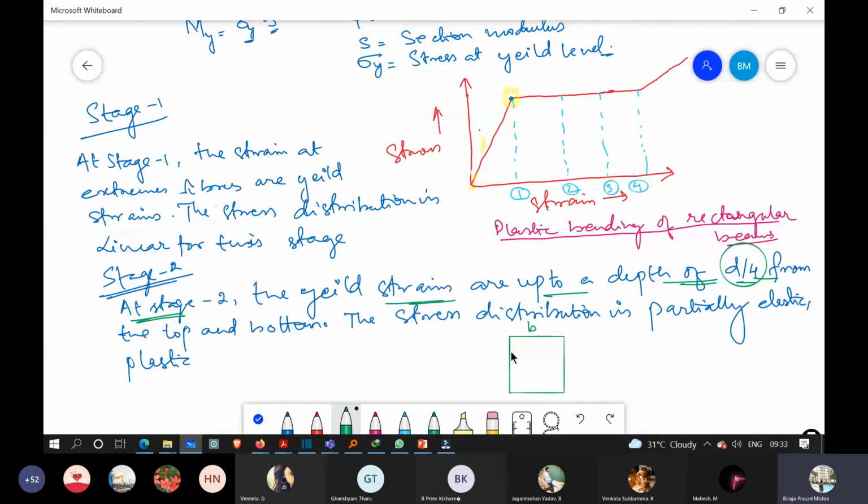This is B, this is D. The level of strains will be this much, this is D by 4 from the top, and the strains will be again D by 4 from the bottom.